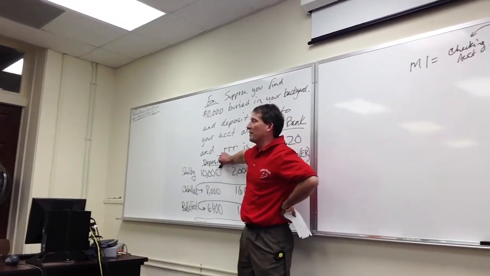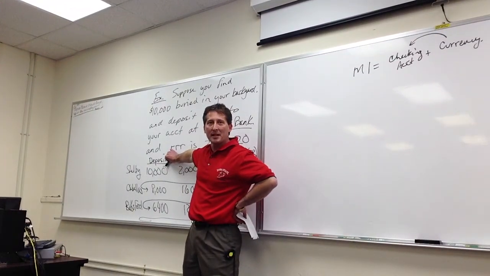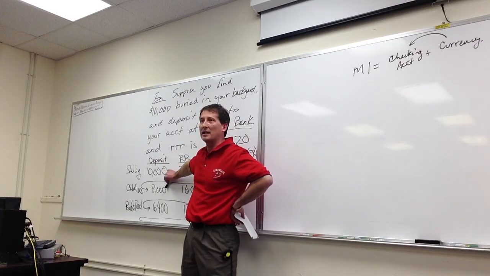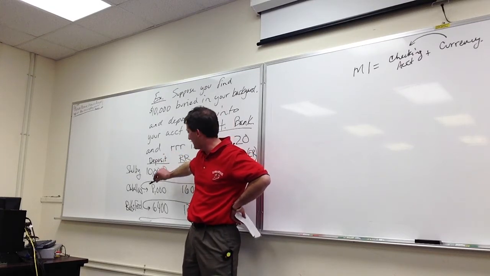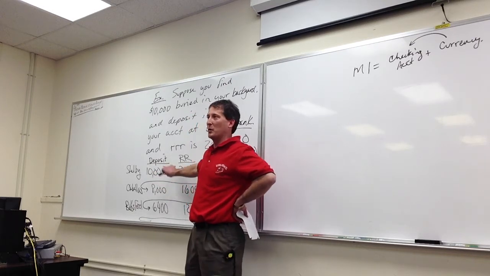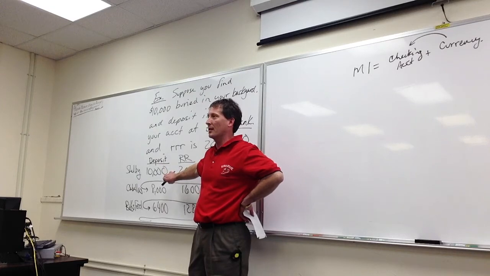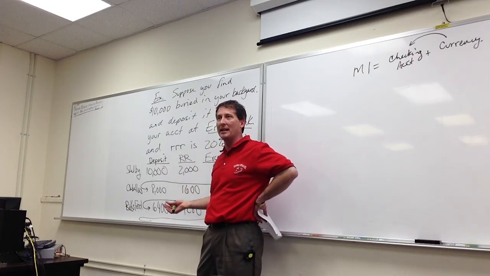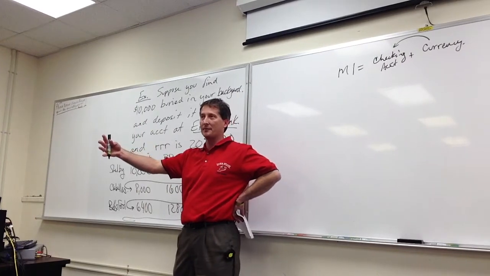Does Shelby have rights to her money at any point in time? Yes. Does Cabela's have rights to their money at any point in time? Yes. Bob's Ford? Yes. This is what creates money. Loans, the banking system, through the process of loaning out money, creates more money.